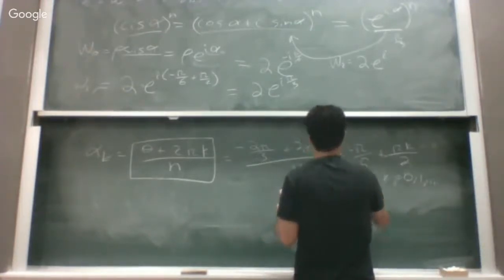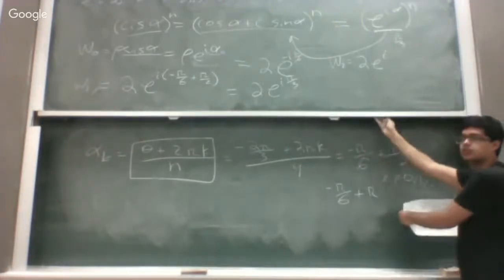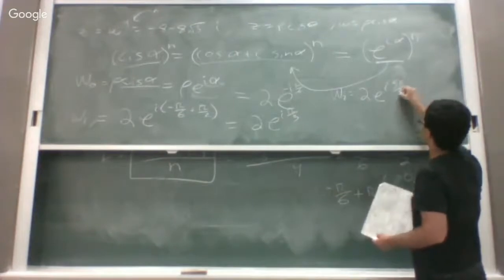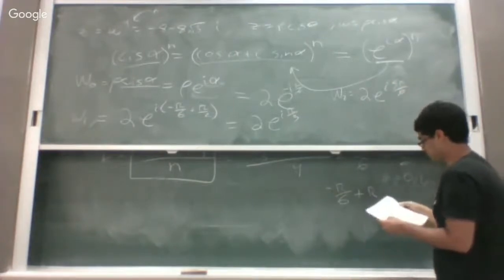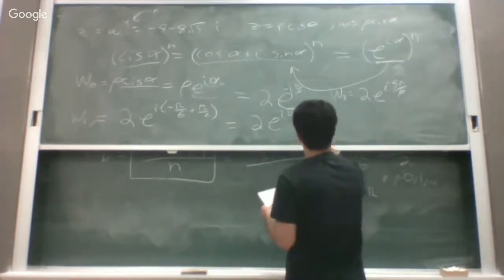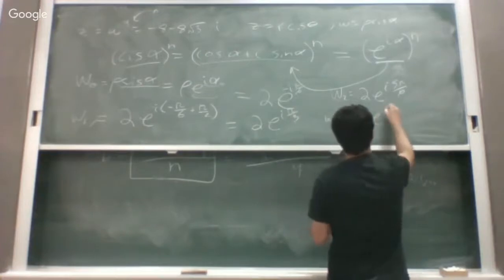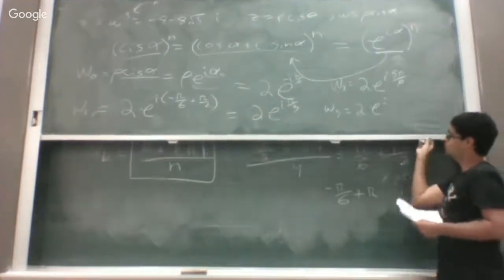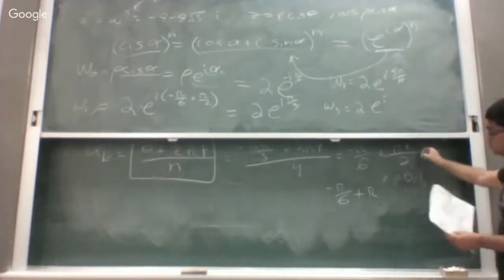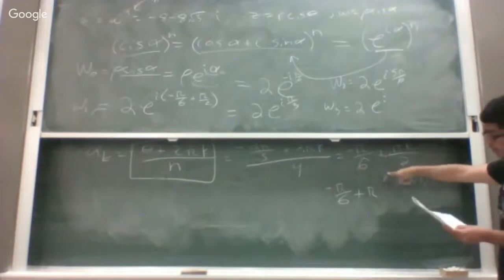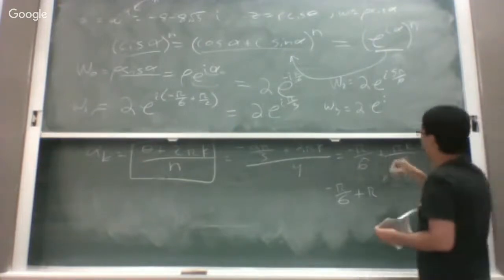So that is equal to 5 pi over 6. And then when k equals 3, we have 2 e to the i, adding a 3 in here would make this 3 pi over 2 minus pi over 6, and you get 4 pi over 3.